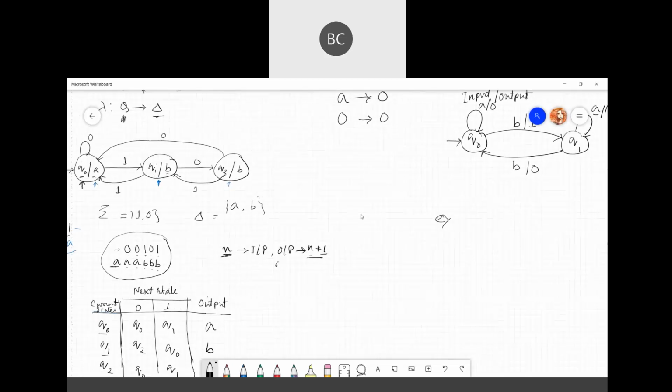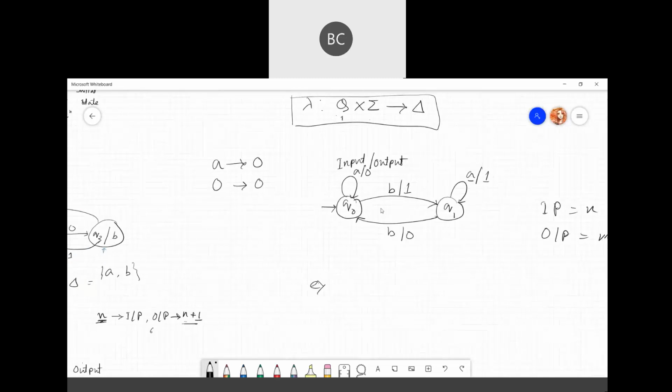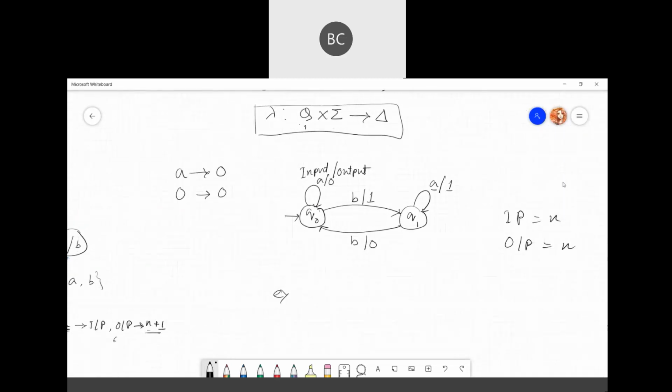In the Moore machine, the extra is there only because the initial state is also giving one output. But here the state is not associated with any output. Therefore, no extra. For every input, there is an output. Therefore, if there are n inputs, there will be n outputs also.